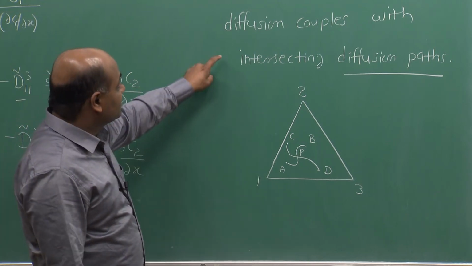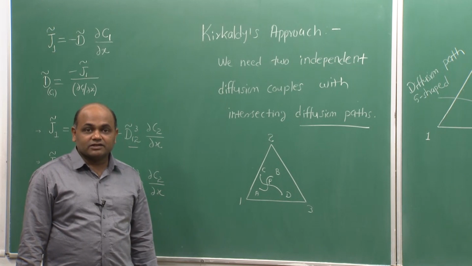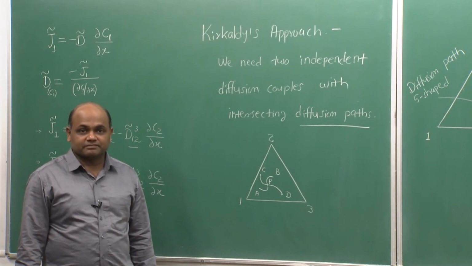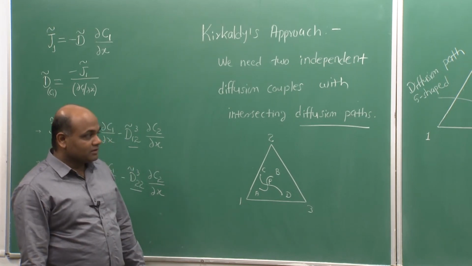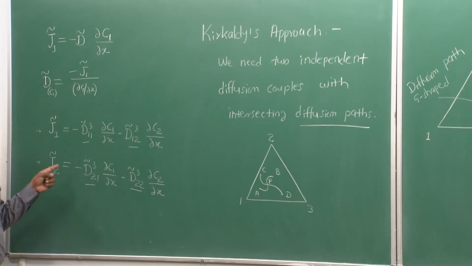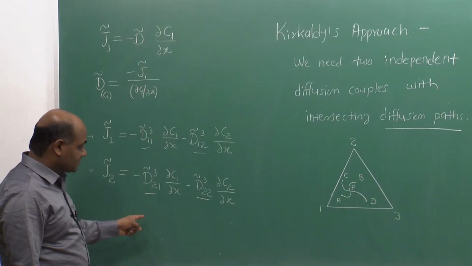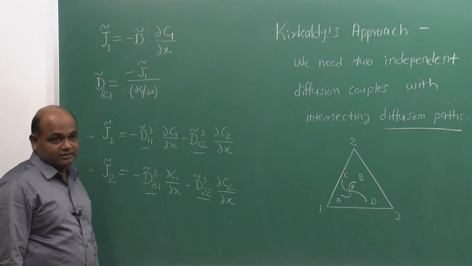In principle, Kirkaldy's method can be extended to an n component system. For example, in quaternary we have 3 independent fluxes J1, J2, J3, which are expressed as functions of 3 independent gradients.